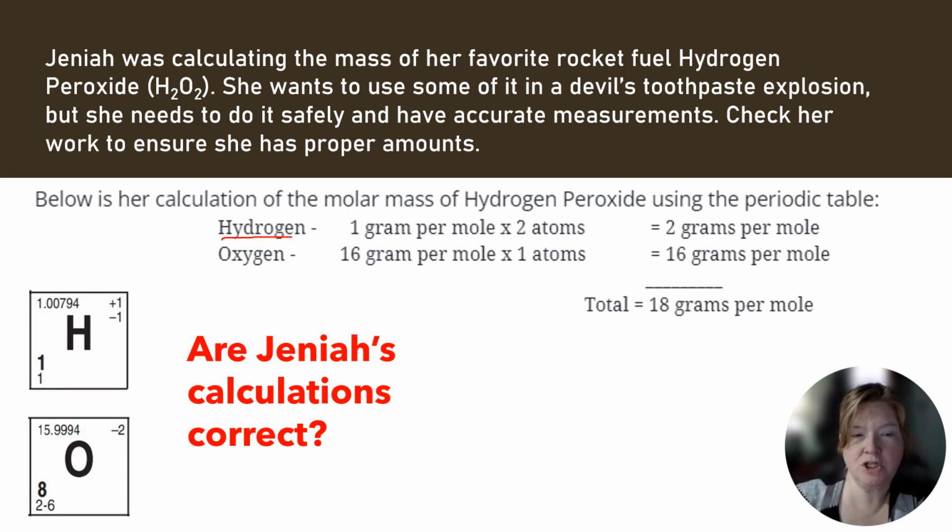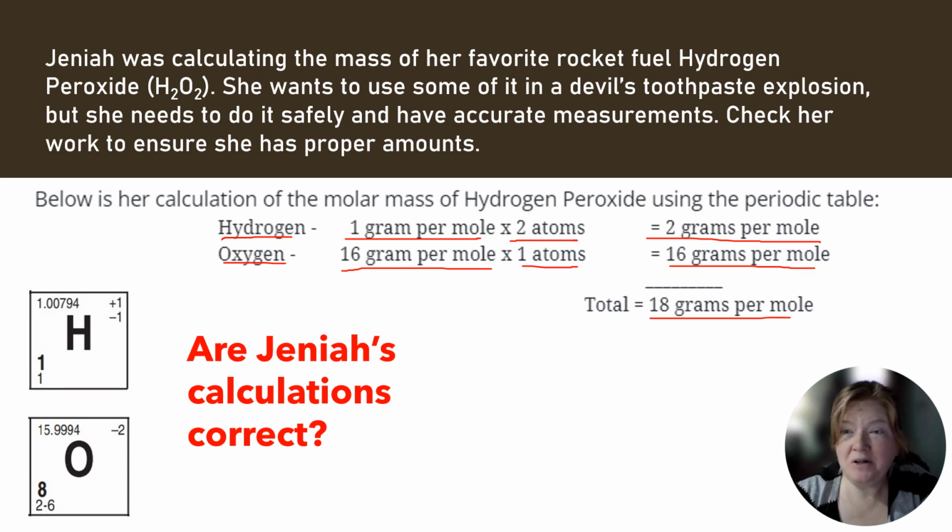She said for hydrogen, its molar mass is 1 gram per mole. For oxygen, she said it was 16 grams per mole. She said there are 2 atoms of hydrogen and 1 atom of oxygen, multiplied them here, and then added it up. Are her calculations correct?